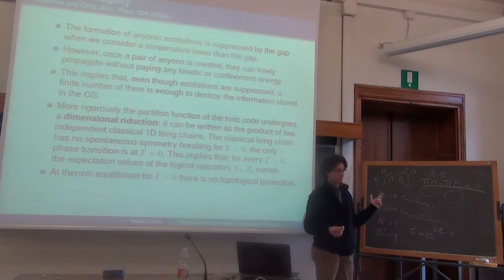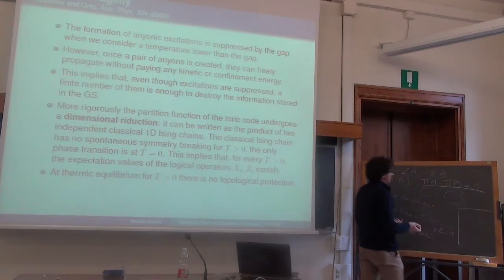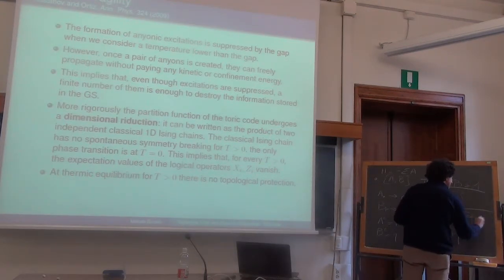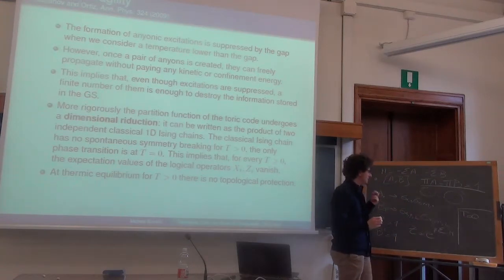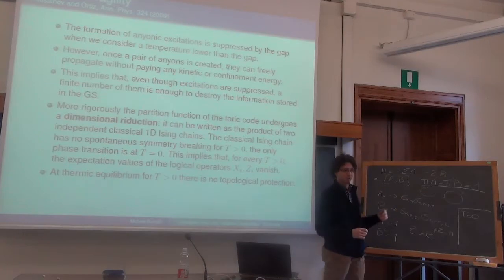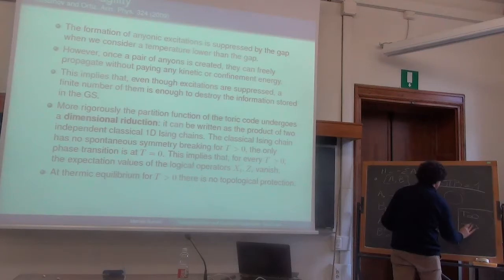But for the decoupled Ising chain, you know that essentially in one dimension there is no real phase transition. The only phase transition is exactly at T equal 0, but as soon as you switch on some temperature, the fluctuations destroy it.